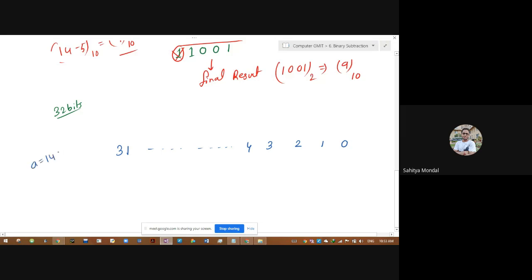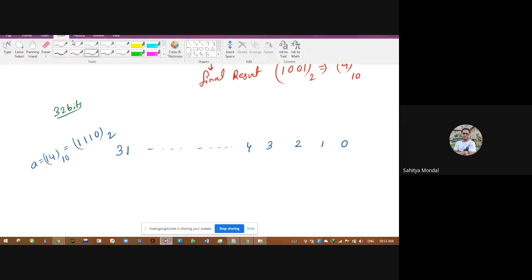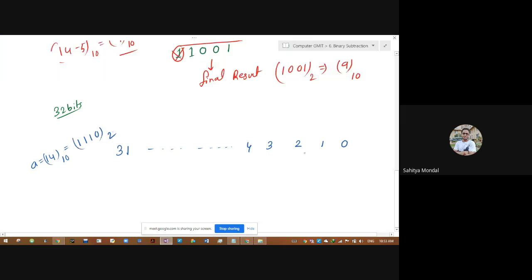If I represent A in 4-bit, as we have discussed, what is the result? 1110, right? So if we put the same thing in the 32-bit location, what will be the result? 1110, and all the previous bits will be all zeros.